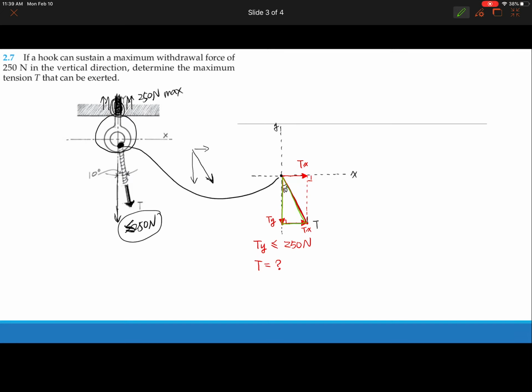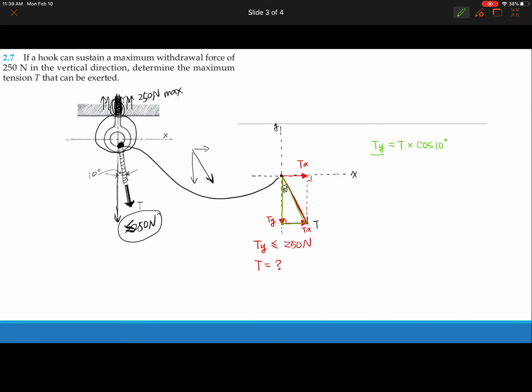In that green triangle, Ty is the adjacent side of the 10-degree angle. So you can write Ty equals T times the adjacent side, it's cosine 10 degrees.